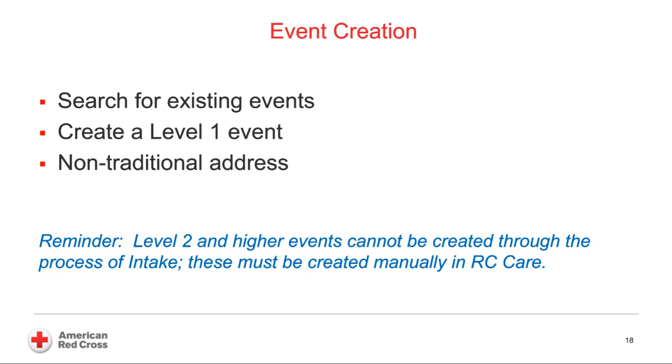And events can be created before or during case creation, depending on the scenario. However, RC Care searches for existing events, and this allows you to attach a case or a group of cases to an already existing event. So we want to make sure if there are existing events that we attach them to that event so we don't have to make adjustments on the back end.